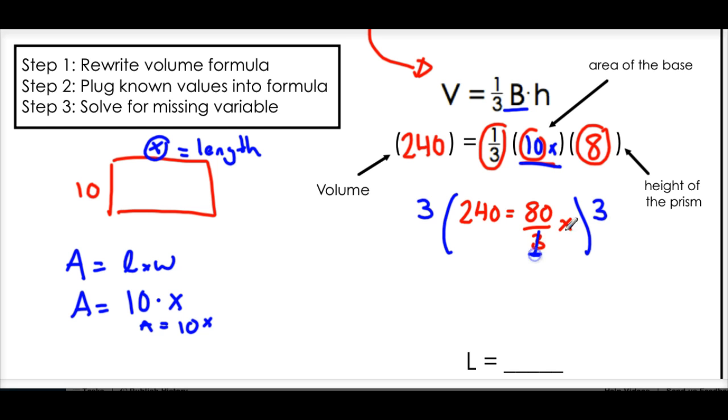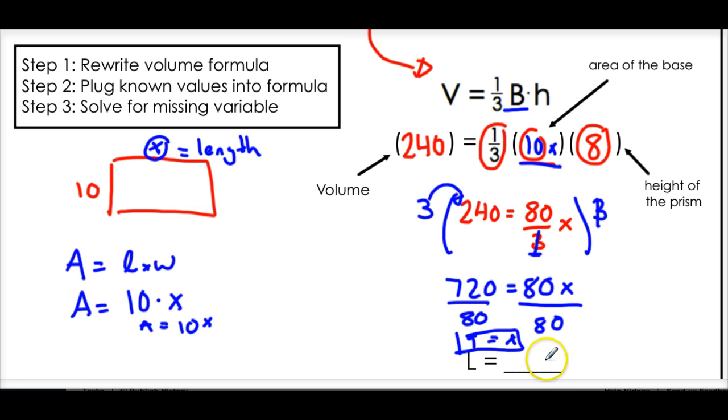When you do that, the 3's cancel on this side, and you multiply by 3 on this side. So 3 times 240 is 720 equals 80x. That's a little prettier, right? No decimals. We divide both sides by 80, and x equals 720 divided by 80, which is 9. So the length of this would be 9.